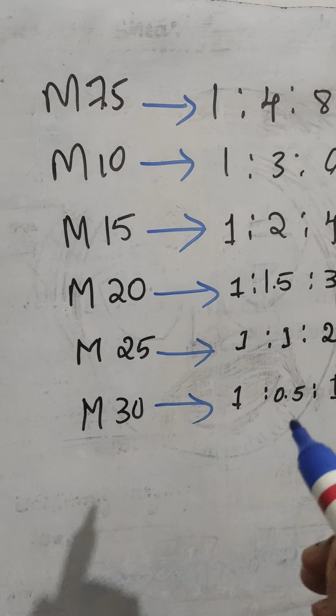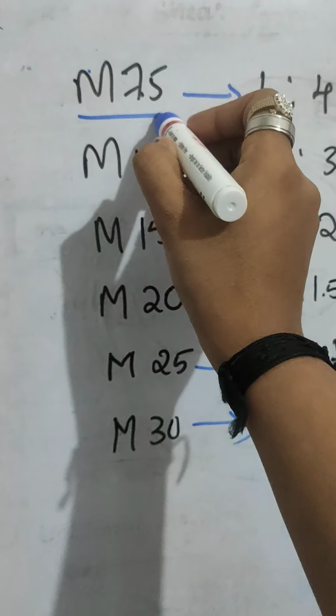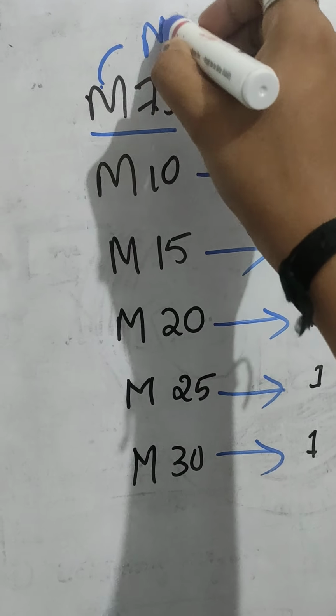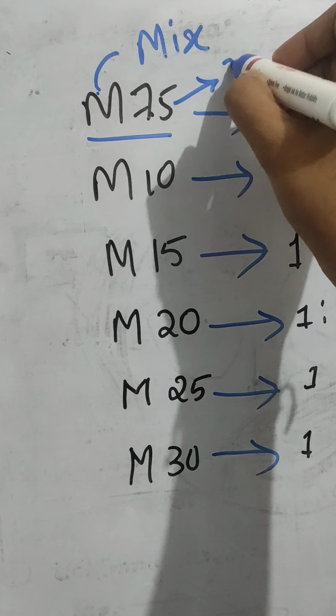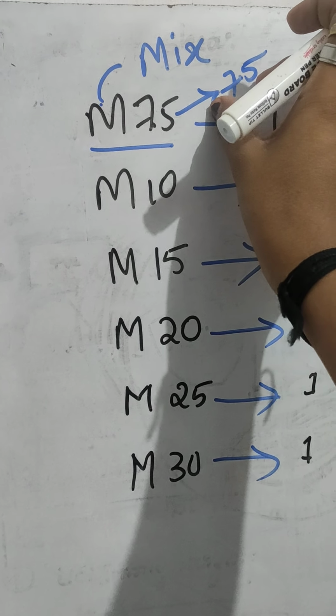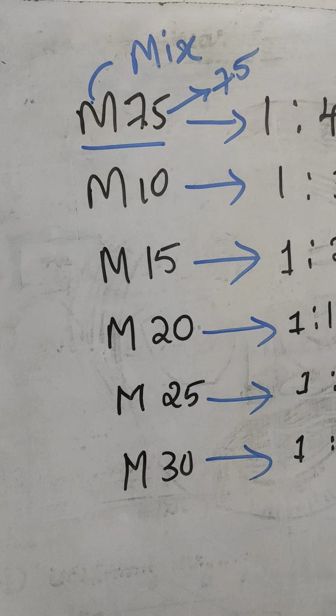Before that, I'll tell you what this M stands for and what this grade stands for. So M is mix, and this 7.5 number stands for the characteristic strength of any particular concrete at 28 days.